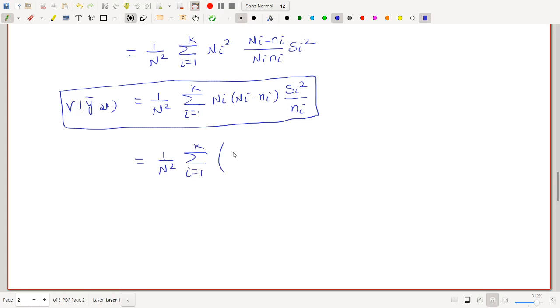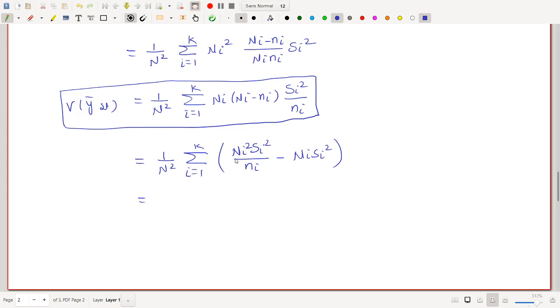The first term will be Ni square Si square upon ni, minus. Multiply this Ni inside the bracket and this Si square upon ni also inside the bracket, and the second term will be Ni. This ni will get cancelled with this ni. This is Ni Si square.